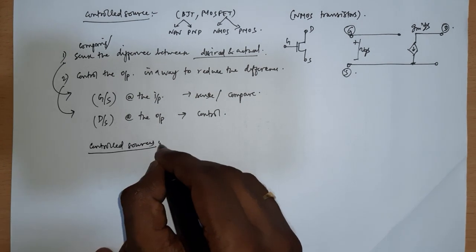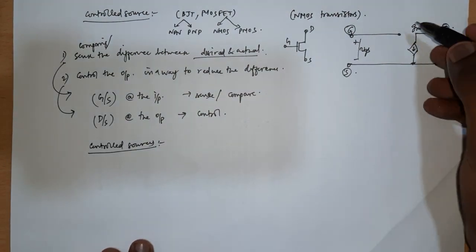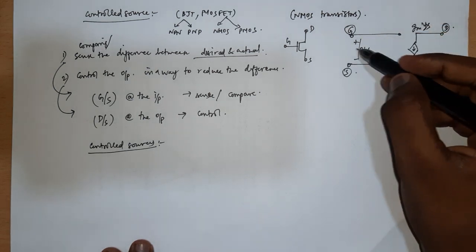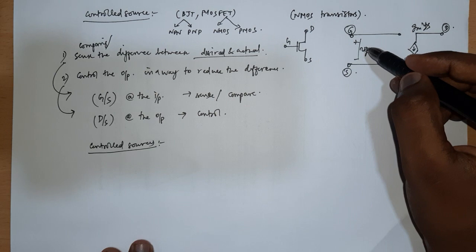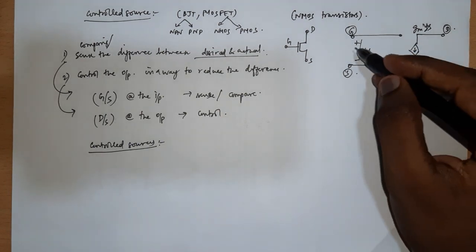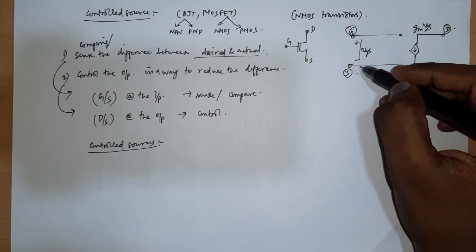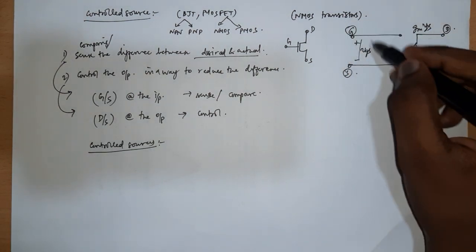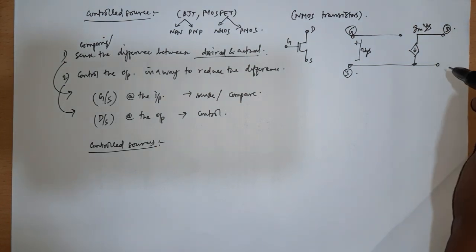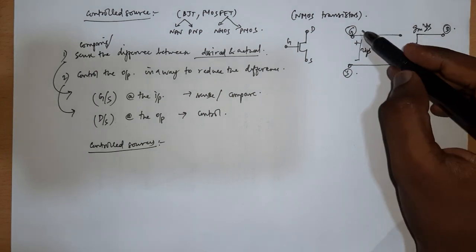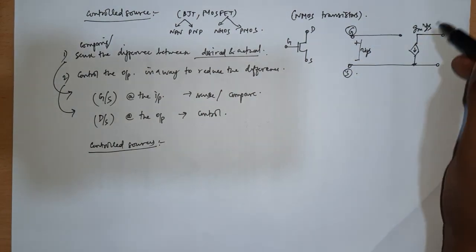So what are all the control sources? Obviously you can sense the current from here and control things on the input side. You can provide some input voltage and make it act as a current source, or provide some input voltage and make it act as a voltage source, or provide some input current and make it act as a current source, and provide some input current and make it act as a voltage source.